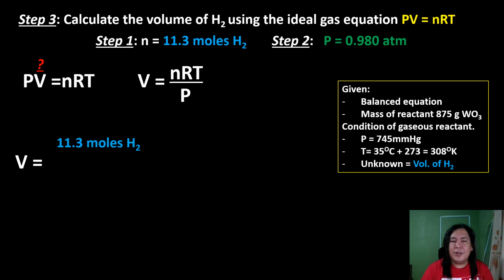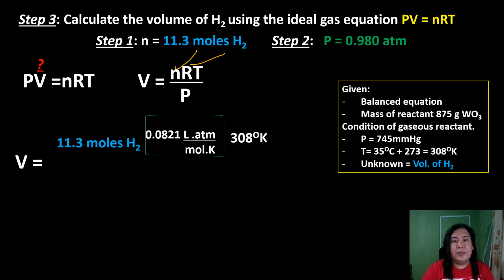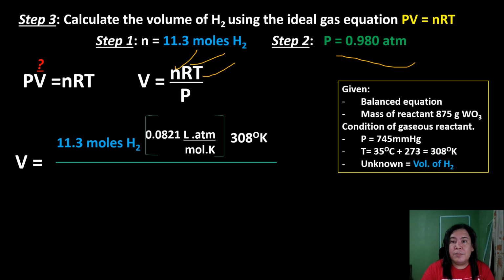So for our number of moles, that is 11.3 moles of hydrogen gas multiplied by the universal gas constant. So ito yon. And then your R. Okay, so 0.0821 liter atmosphere per mole Kelvin times the temperature, which is 308 degrees Kelvin all over the computed amount of pressure, which is 0.980 atm, and then cancel all unwanted units.